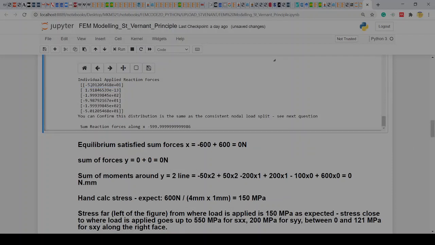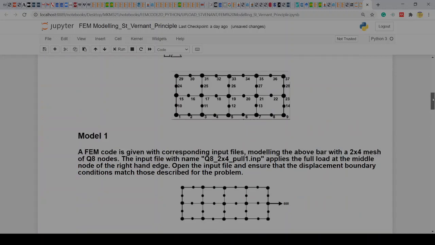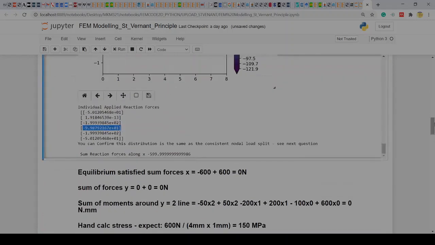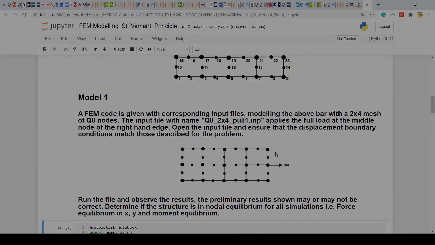Not 100% minus 50, but it's close to minus 50.12. So that is that. Okay. Minus 200. Minus 100 for the mid-side one. So minus 100 for this one. Minus 200 for the top middle one. Minus 200 and minus 50 in there.